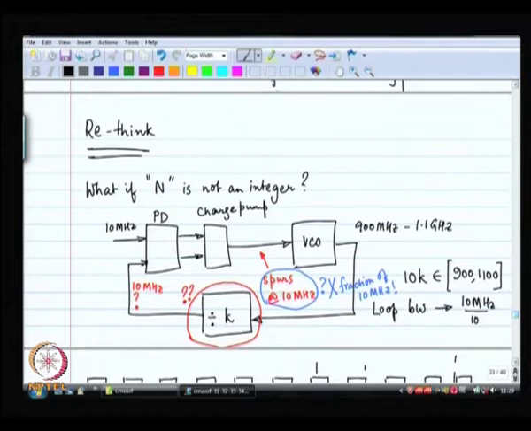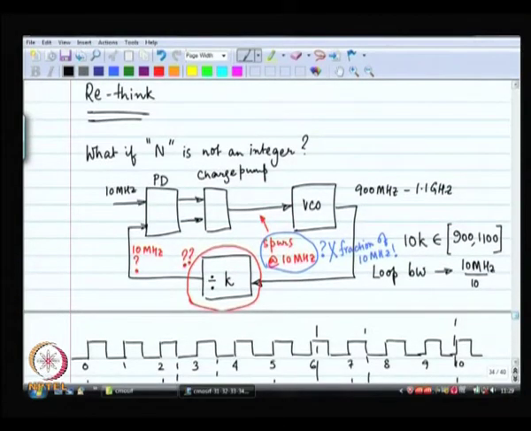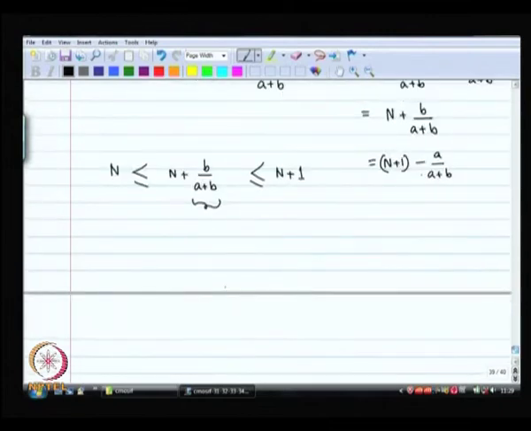So, I want to be able to divide by k ranging from 90 to 110 with the first decimal place. So, can this go from 90 to 110 in steps of 0.1?